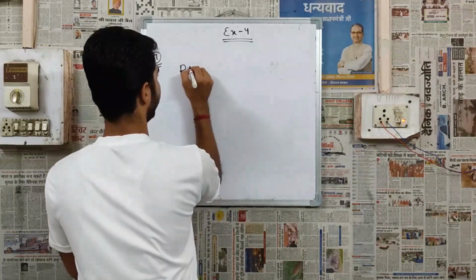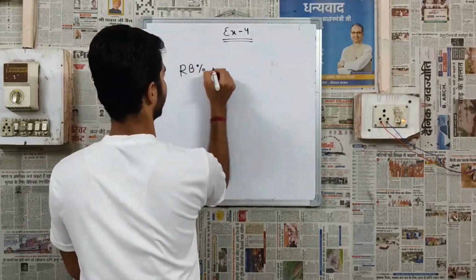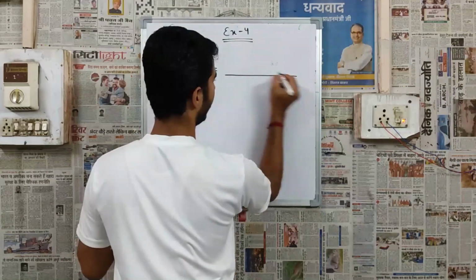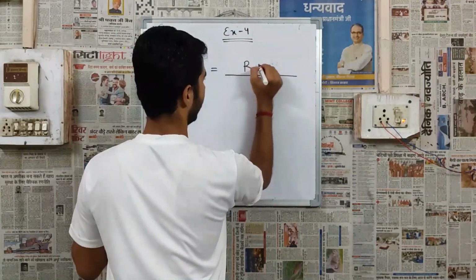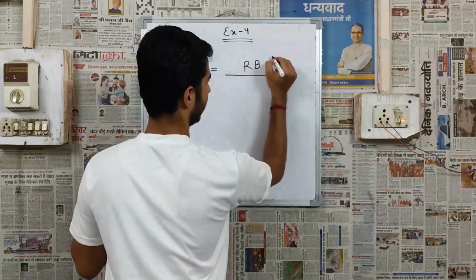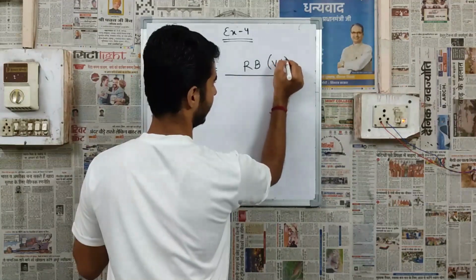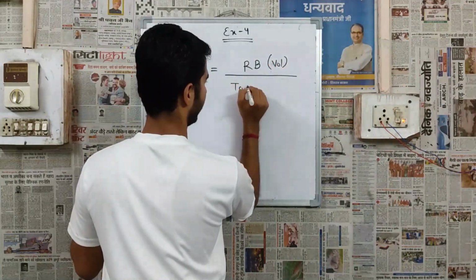And to find reserve buoyancy percentage, we have to divide the reserve buoyancy volume by total volume.